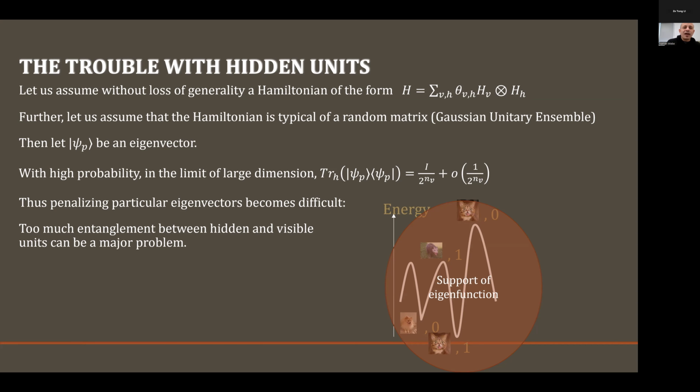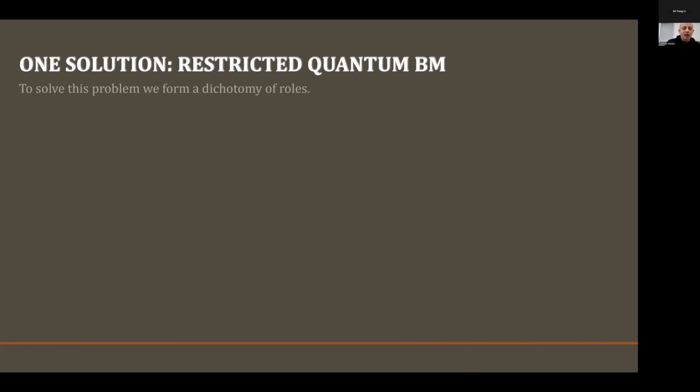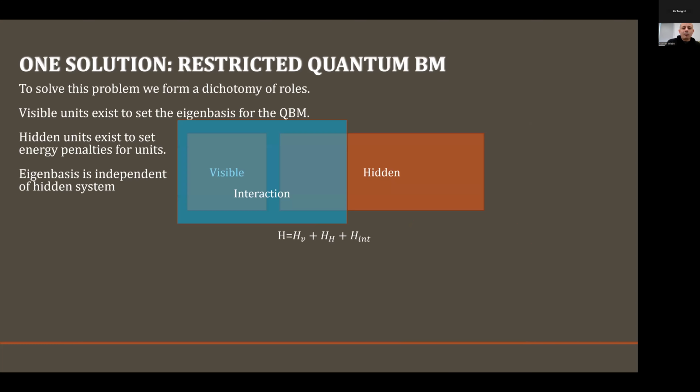So when we're designing quantum neural networks with hidden units, we really want to be able to deal with too much entanglement in the problem. One solution, which isn't widely discussed in the literature but is known, is the possibility of choosing your system in such a way that the interaction Hamiltonian you pick between your visible and hidden subspaces commutes with the hidden variables.